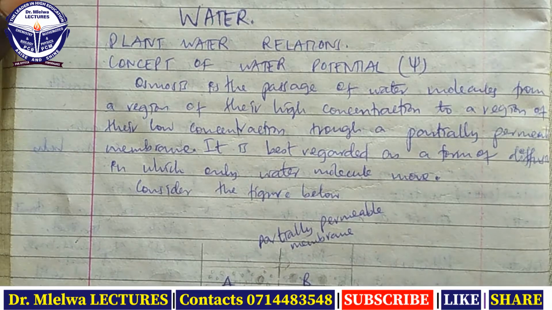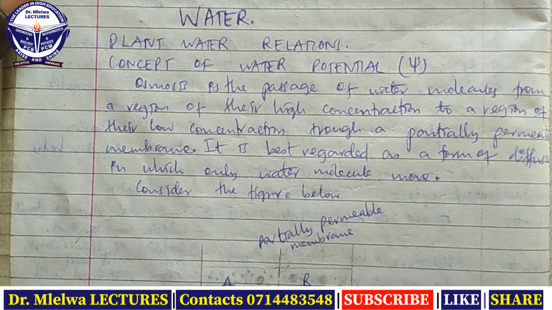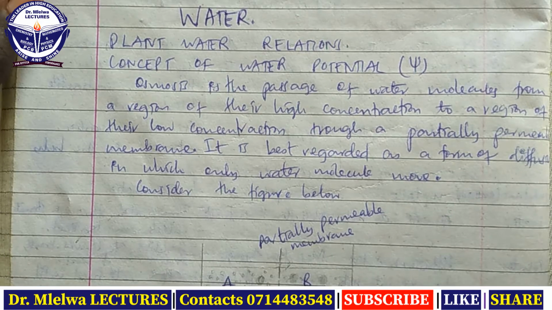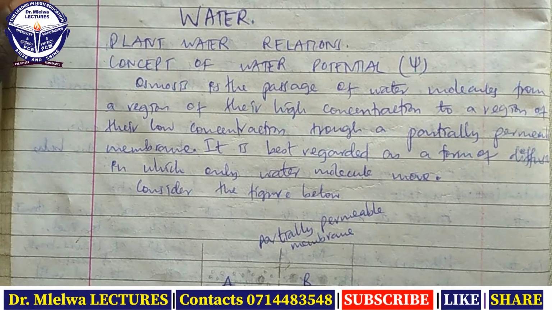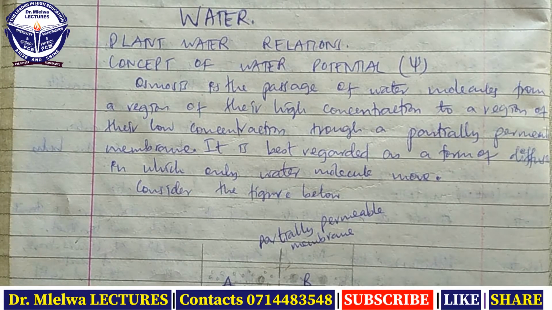So some of the major differences between diffusion and osmosis are that osmosis involves the movement of water molecules, while diffusion involves the movement of any molecule, even gas molecules. Another major difference is that osmosis occurs through a partially permeable or semi-permeable membrane, and diffusion can occur even in open space.